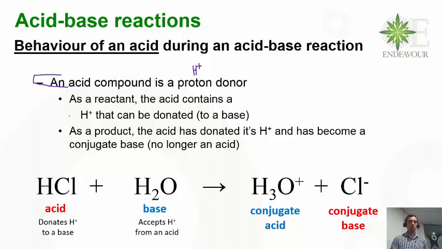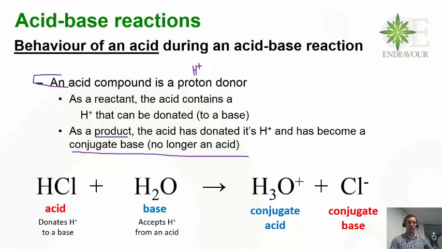So in the acid-base reaction, the acid reactant that has the H+ will donate that H+ to a base. And by doing that, the reactant acid actually becomes a product that now has less H+. And we say that that now is the conjugate base because it's no longer an acid.